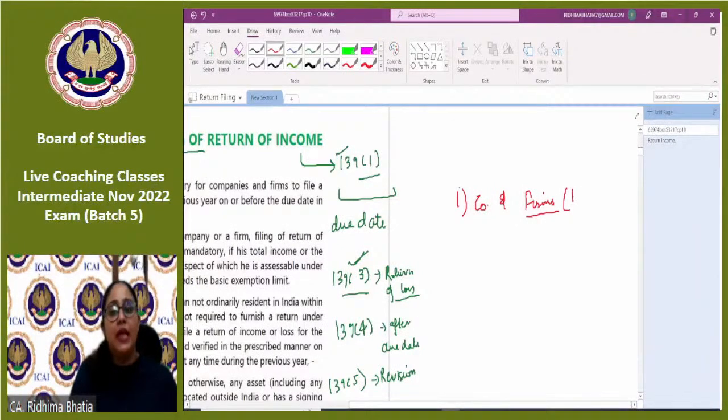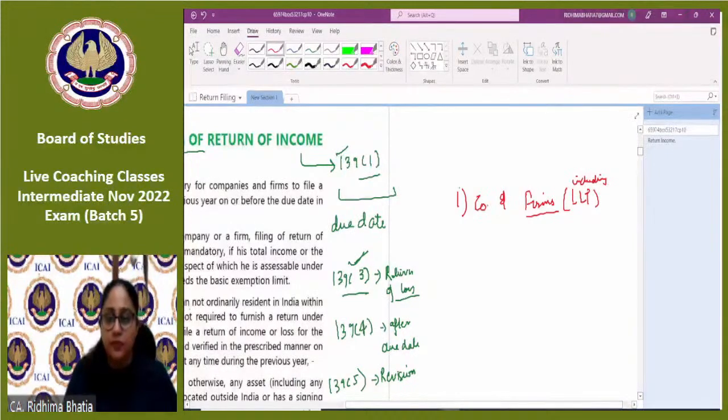Firms can be partnership firms, including LLP. They have to file the return of income irrespective of whether they have losses, whether they have not earned income during the year. There is no relaxation for them. They always have to file the return of income.